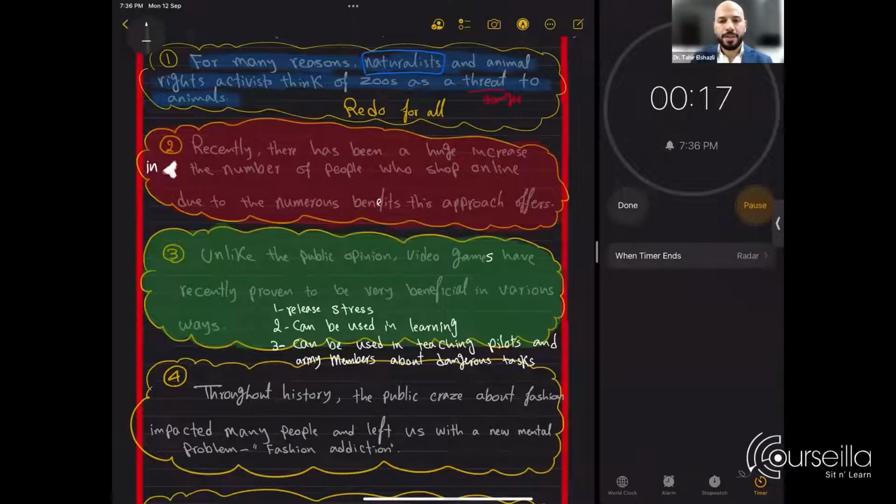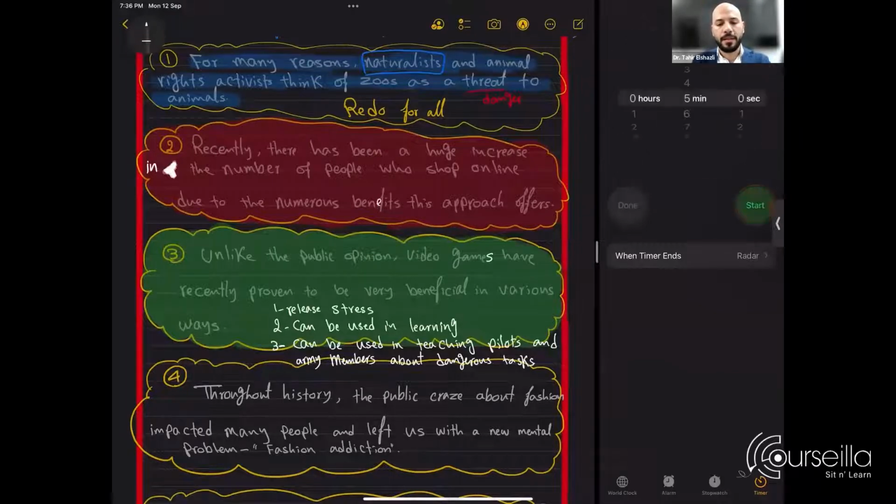Okay, try to send your paragraph in the chat box, please. Make sure you're sending it to everyone. Choose the everyone option. I'm texting. Send it here.